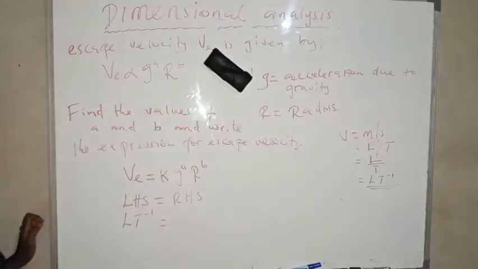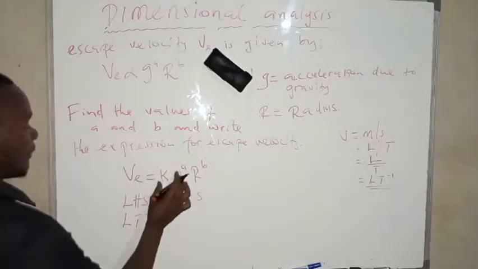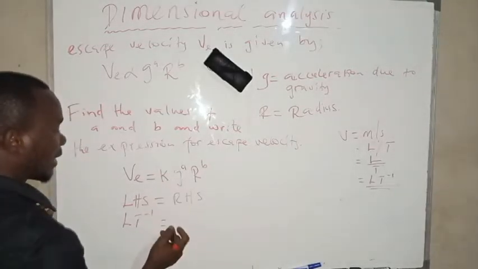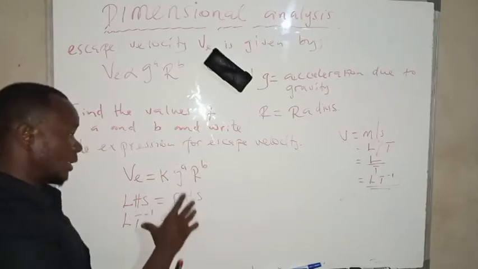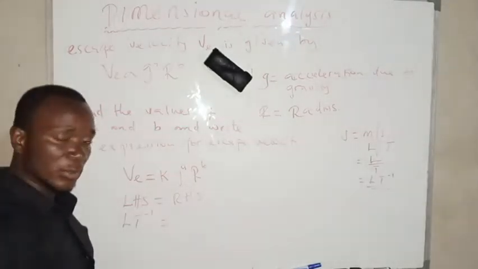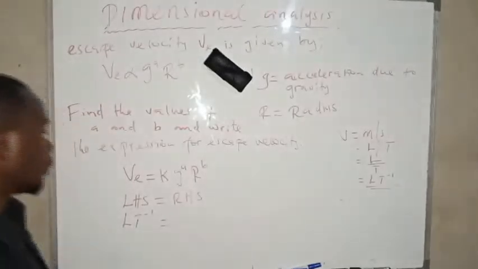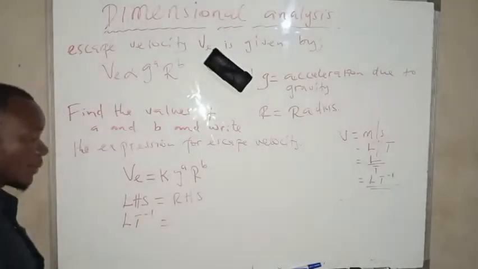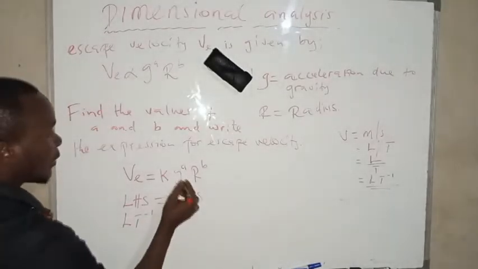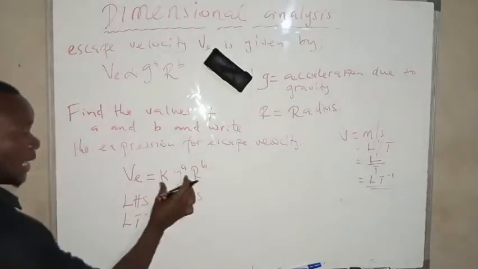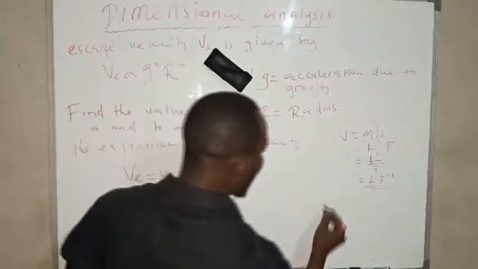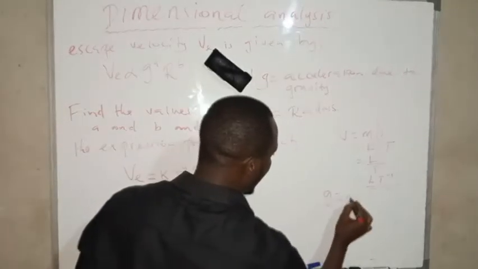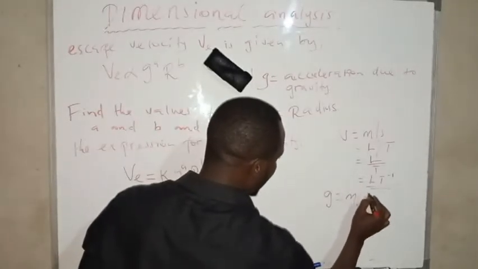The K we can forget about, since we are not so much interested in constants in dimensional analysis because they add no value when dealing with problems of this kind. We know that acceleration due to gravity has the units meters per second squared.